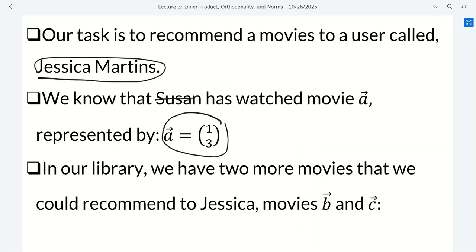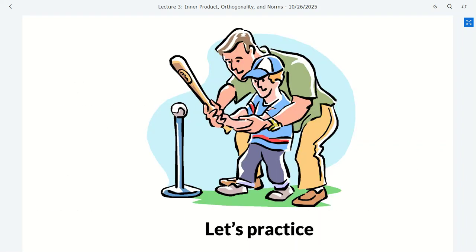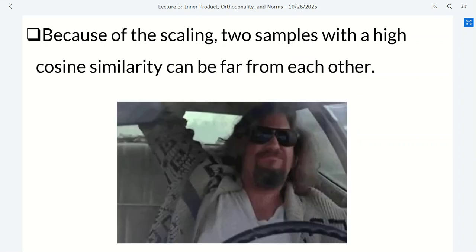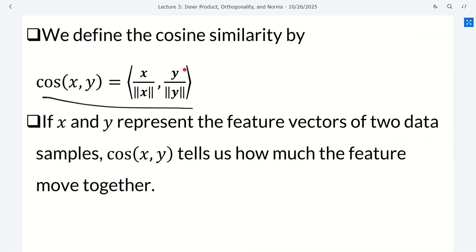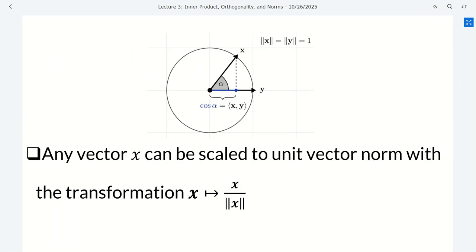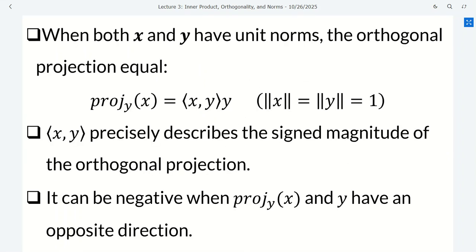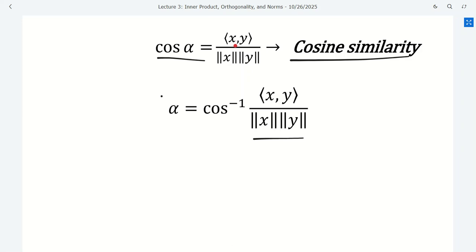So I want you to put this formula down and do the calculation right now. Cos xy is the inner product, or if this is not clear, we can use this other form.